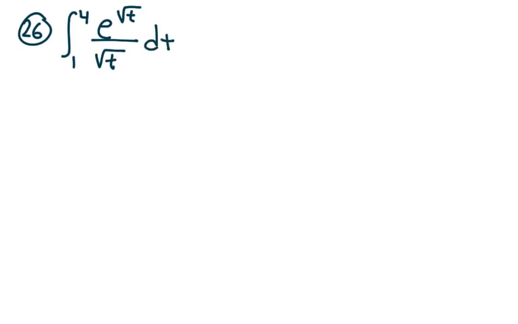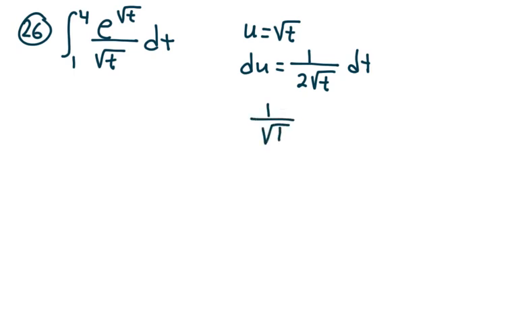Now, I'm going to let u equal the square root of t. du is 1 over 2 square root of t dt. I always go for u substitution whenever possible. Okay? And so 1 over the square root of t dt is equal to 2 du. So I just multiply both sides by 2.